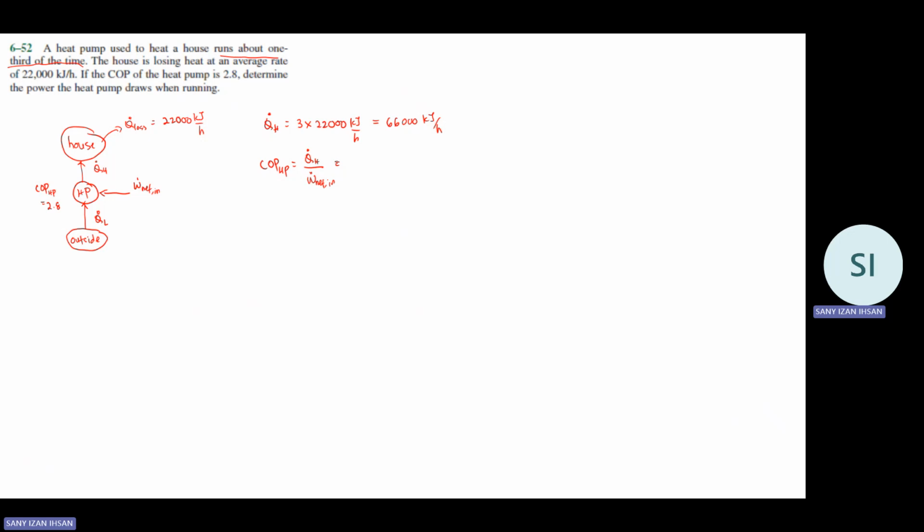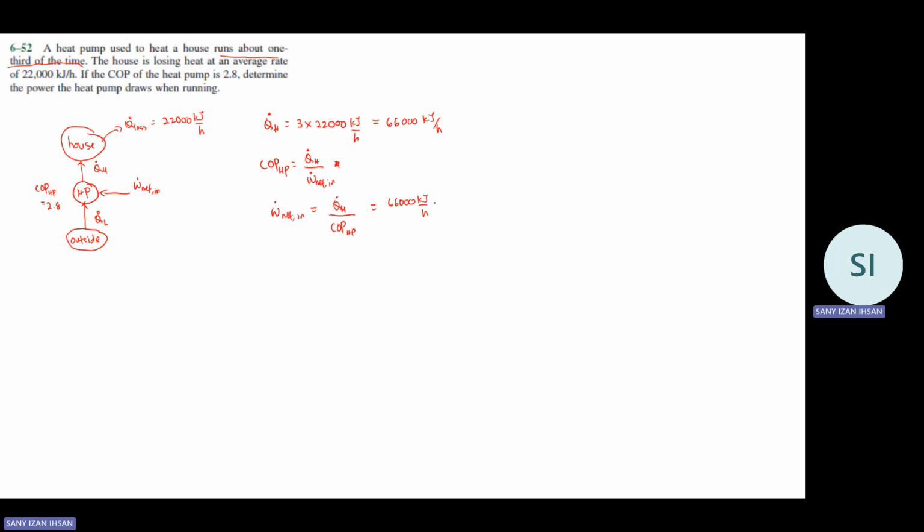And if we rearrange this, since we know COP, we also know QH dot, we can find the amount of work required. So rearranging, work net in dot should be equal to QH dot divided by COP of the heat pump. So in this case, the amount of heat the heat pump should be able to cater for is 66,000 kilojoule per hour.